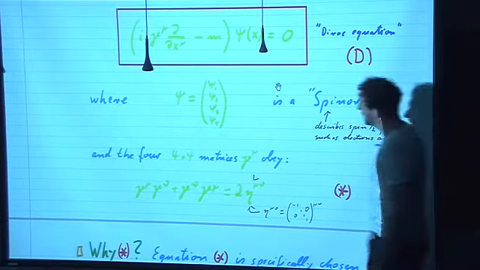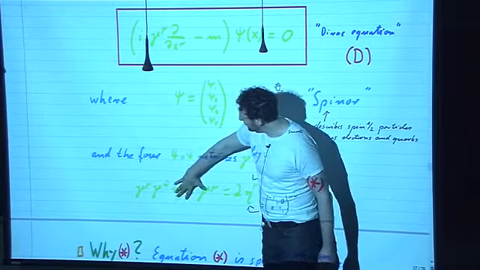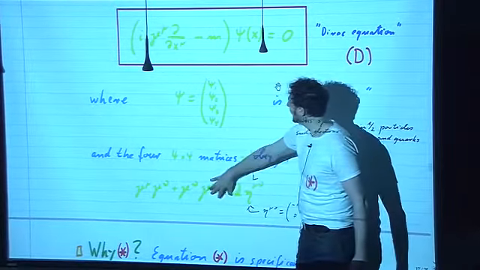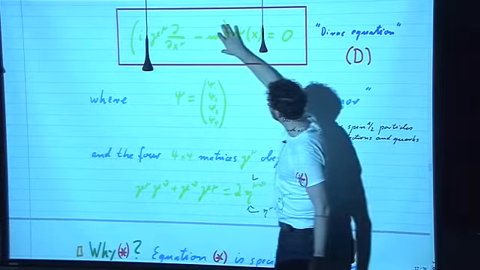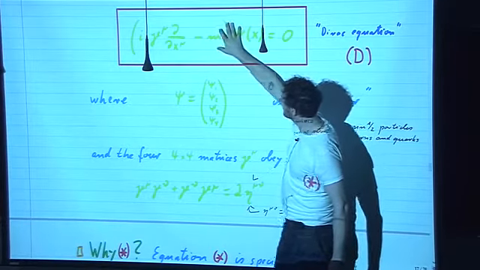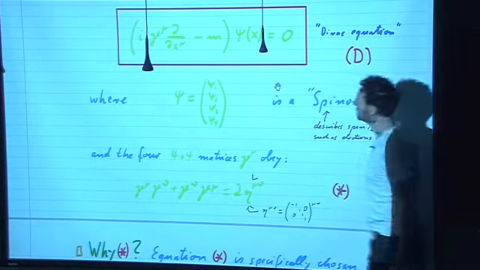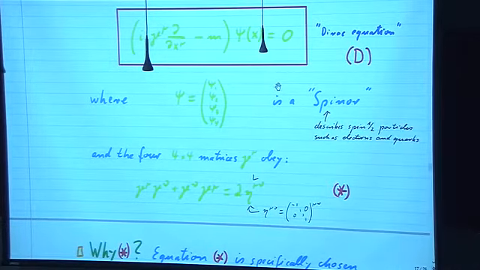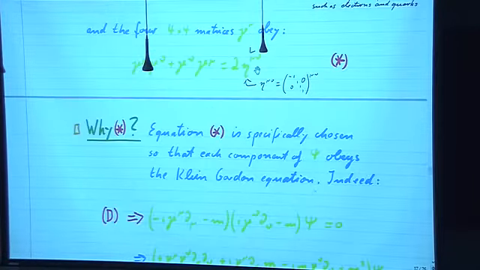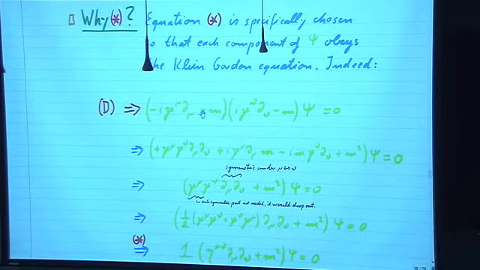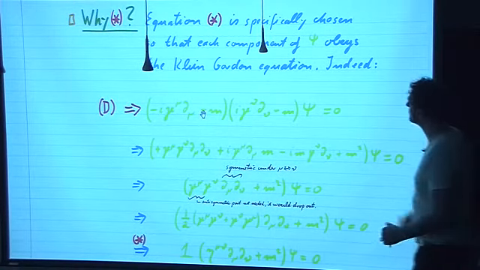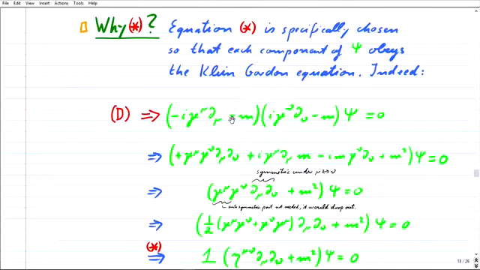And also, they had to be this particular combination, so that when you square this expression, this Dirac equation simplifies and it becomes the Klein-Gordon equation for each component. So the Dirac equation is specifically chosen such that each component of the Dirac spinor actually obeys the Klein-Gordon equation.